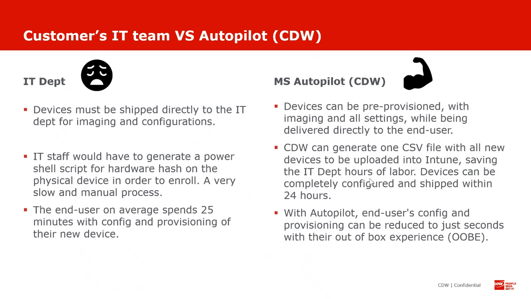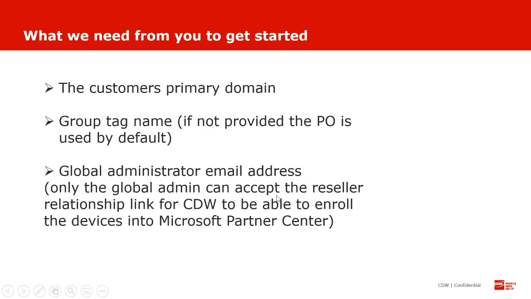We can take that burden off of you and provide you either with the CSV file or upload it and enroll on your behalf. Also, the time it takes, as we mentioned, 25 minutes for configuration, sometimes longer depending on the situation. With Autopilot, we could just config, and it's reduced to just seconds with their out of box experience. Things that we would need from you to get started: we would need you to accept, provide the primary domain, and provide us with the group tag name.